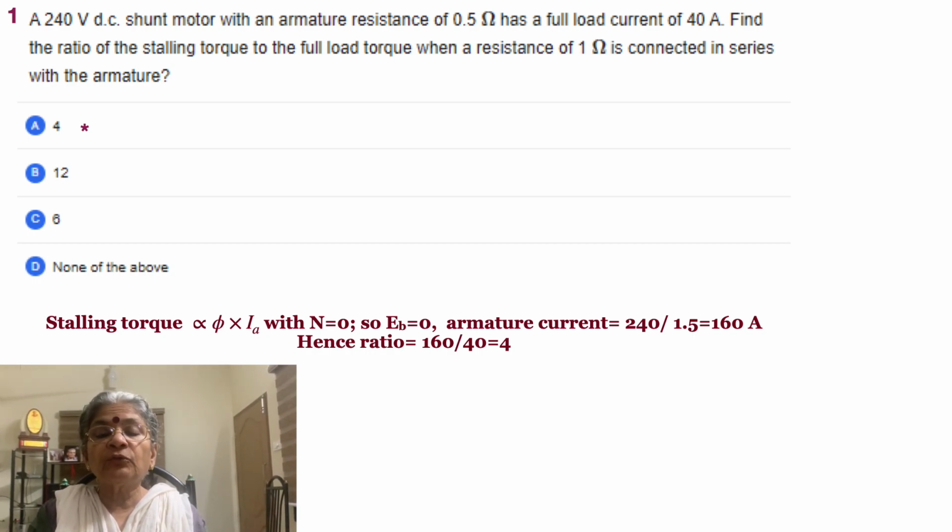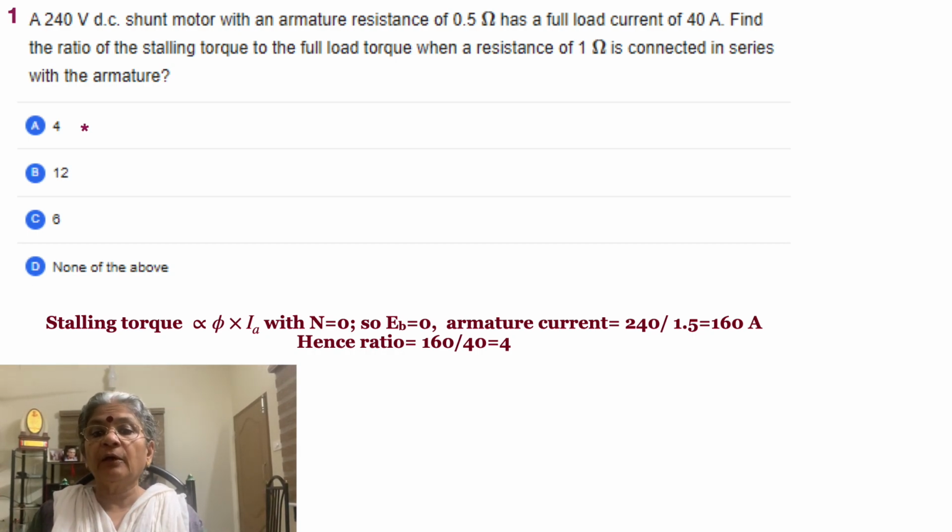So the stalling torque is proportional to both flux and armature current as usual, with N equal to 0, and so EB is also equal to 0. So the armature current is given by the entire voltage, as mentioned earlier, divided by the two ohmic values: the armature resistance and the additional 1 ohm. So 240 divided by 1.5 gives us 160 amps.